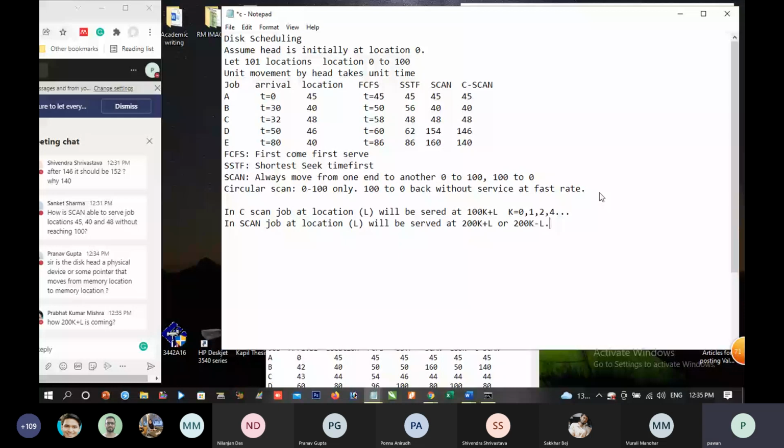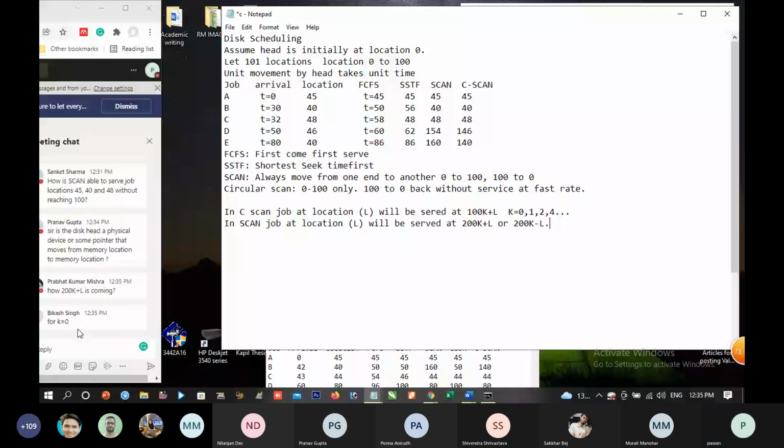You see, Prabhat, job at location 40, it will be served either at time t equal to 40. If it could not be served at time t equal to 40, it will be served at time t equal to 160. If it could not be served at time t equal to 160, it would be served at time t equal to 240. Do you understand?